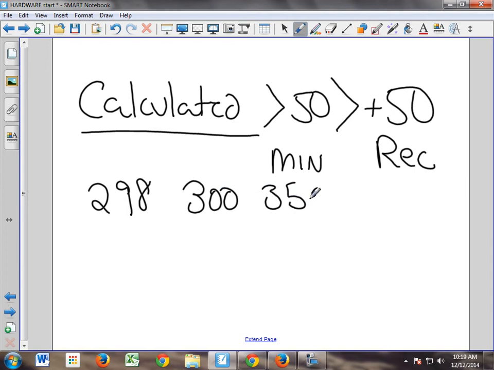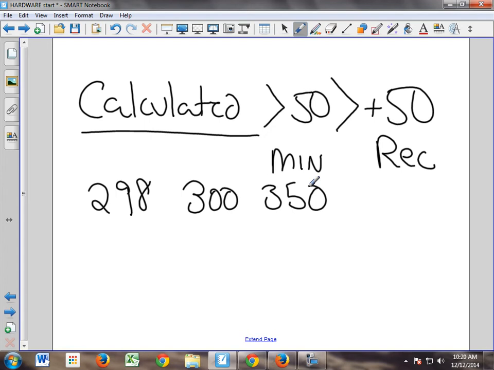Okay, so I can ask you any one of those questions. Pay attention to which one I'm asking you. When you go to the questions and I say, I've calculated that I need a 275 watt power supply, does this one meet my recommended settings? And I show you one that's 300. The answer is no, because it would have to be 350 or more.